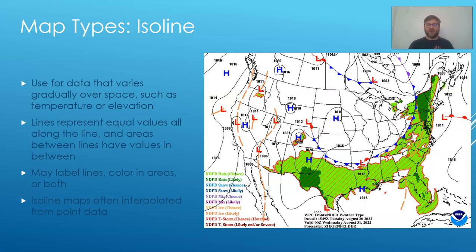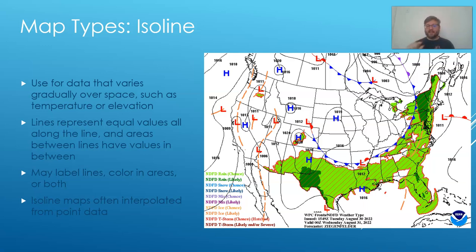We can summarize all of these observations by drawing these lines. So along each of these lines, every point that's exactly on that line will have exactly the same value for the variable that we're mapping. So on this map, you can see in the middle of the country, you've got those three H's representing high pressure centers, and then you've got the line that surrounds all of them.